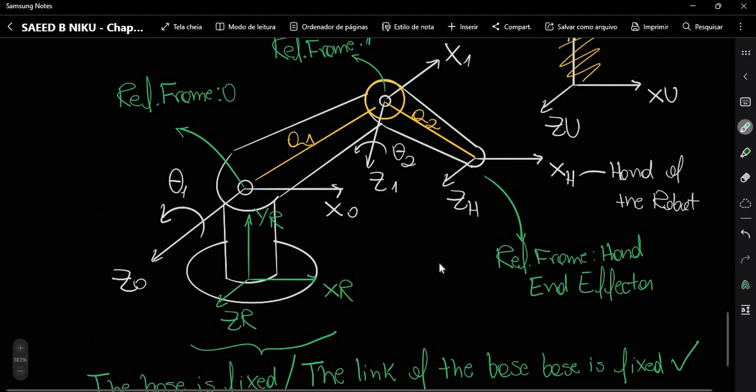And again, we usually would write a last transformation, which would be a transformation of this frame 0 in relation to the frame R. But as this link doesn't have motion, we don't write a transformation for it.